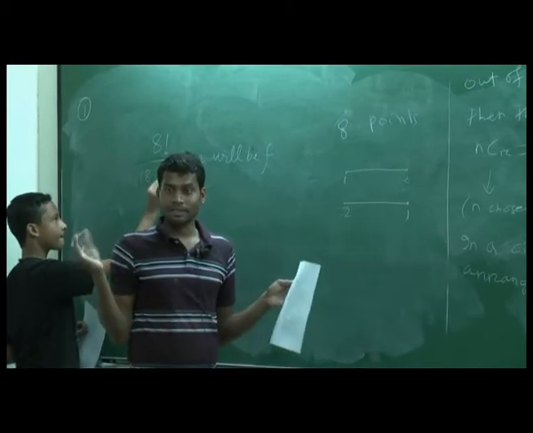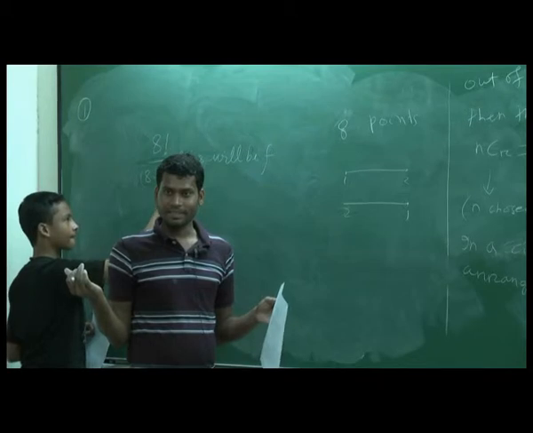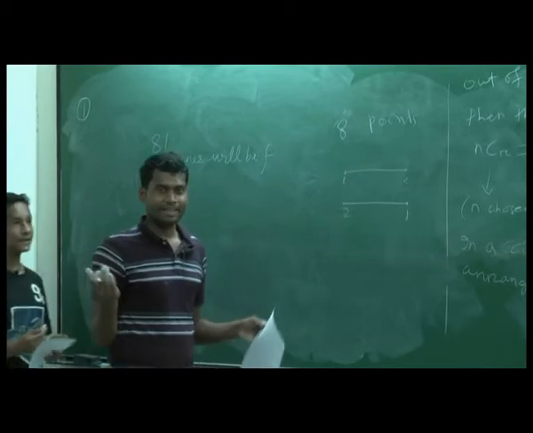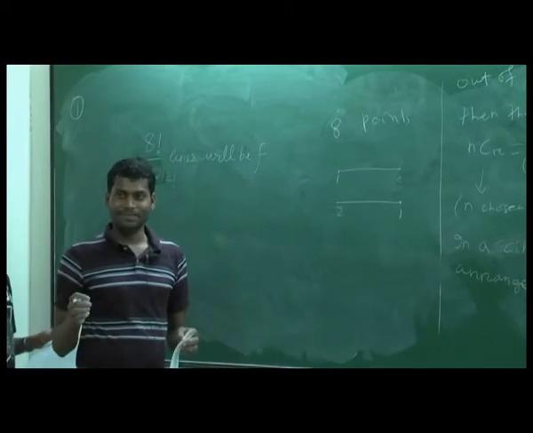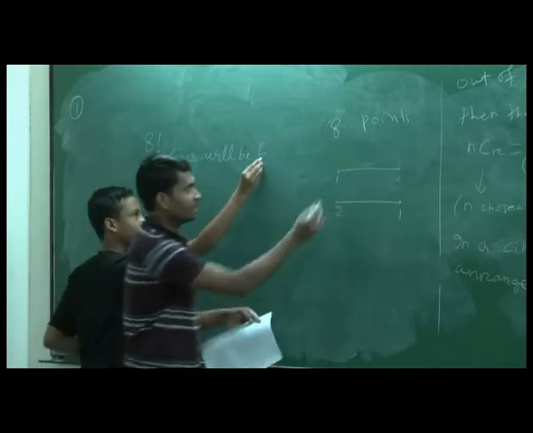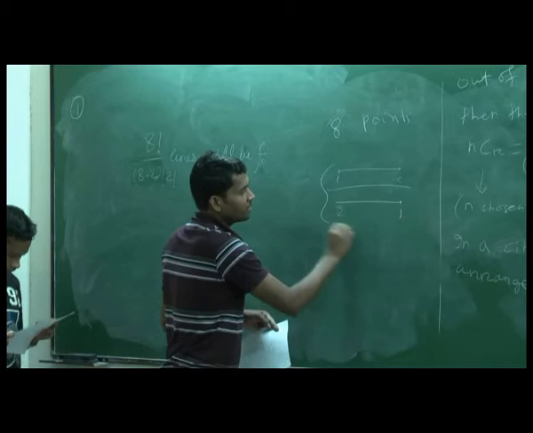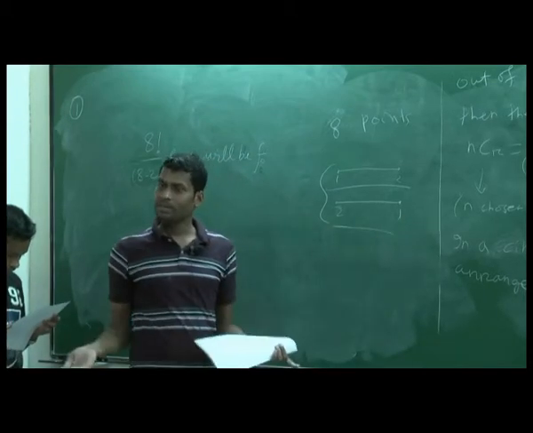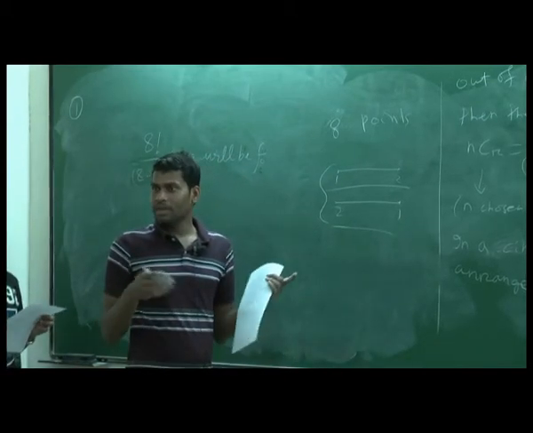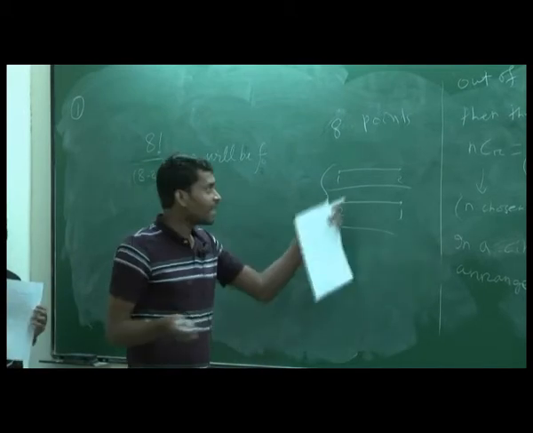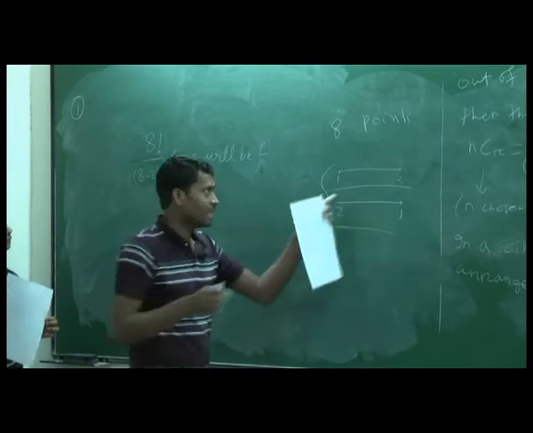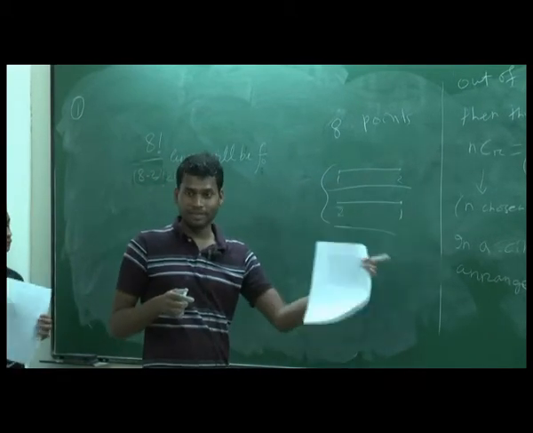So here we are asking, from 8 points how many lines can we draw. What are we doing, choosing or arranging? Choosing. Because for these 2 points, whether you do it this way or this way, both are the same to us. We are concerned with lines only, not AB or BA.